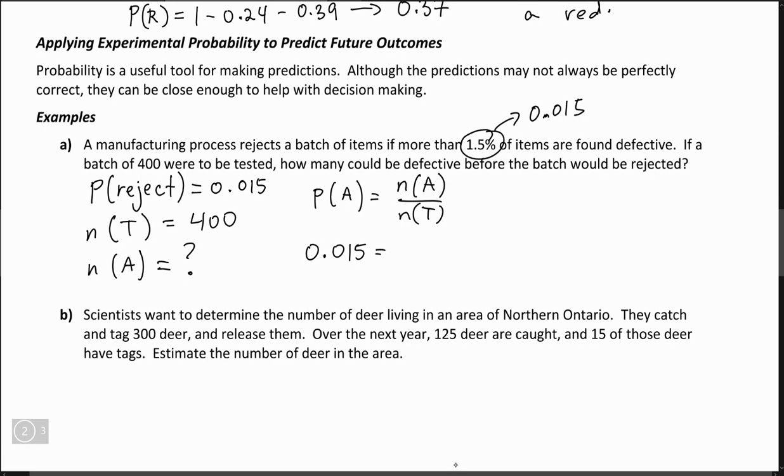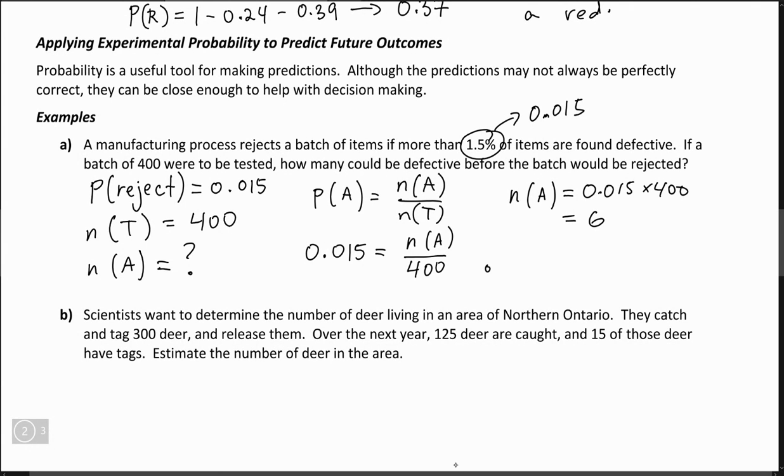And so I'm going to say here 0.015 is n of a divided by 400. And if I rearrange for n of a, the number of events that occurred, 0.015 times 400, which is 6.